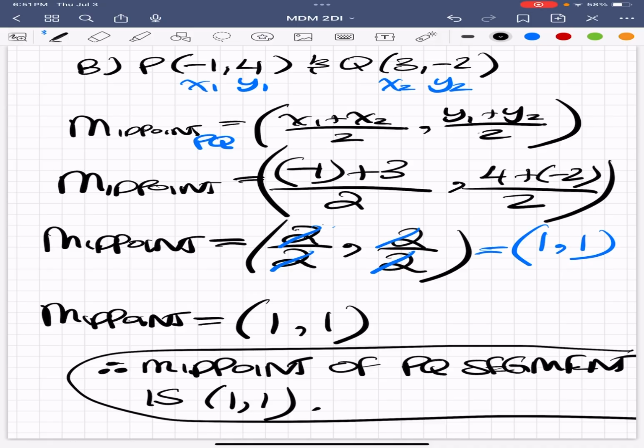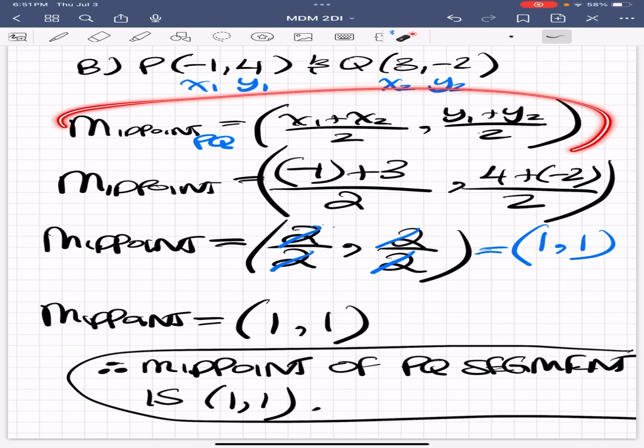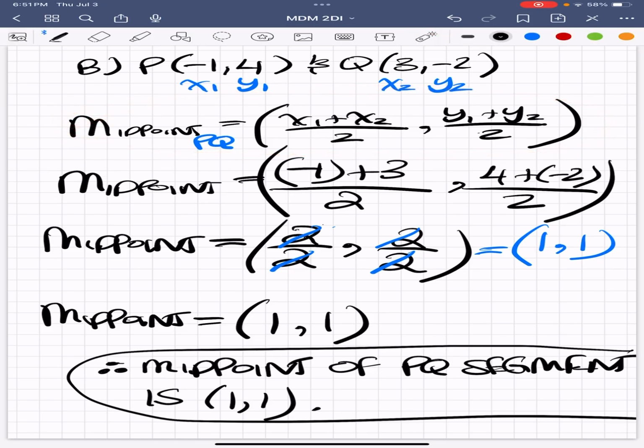Anyways, so what I see here is that I have the formula for the midpoint, and then we input values or coordinates, and then we reduce fractions to lowest terms or a numerical value, saying 2 over 2 is 1 because it's common on the top and the bottom.